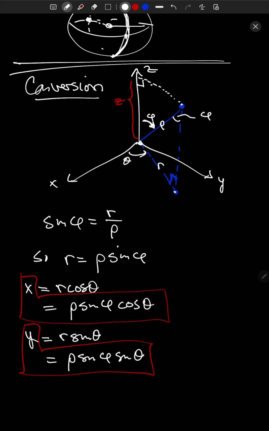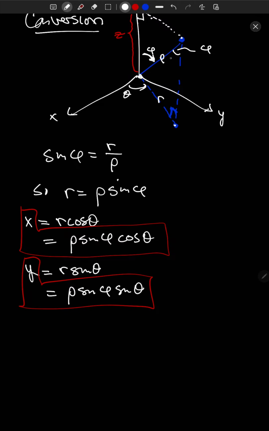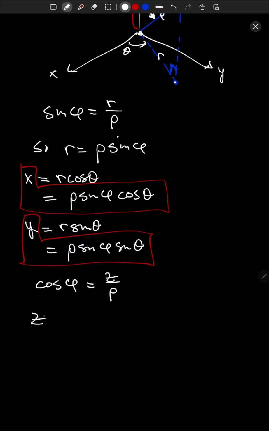Rho is the hypotenuse, and so what we see is that adjacent over hypotenuse, so cosine of phi is equal to z over rho. Adjacent over hypotenuse is the cosine. And so immediately z is equal to rho cos phi.